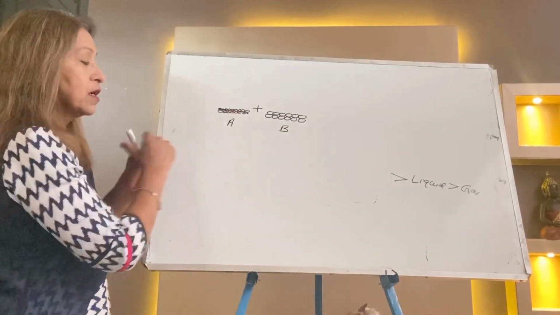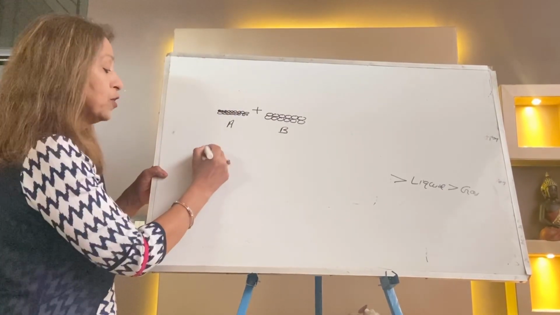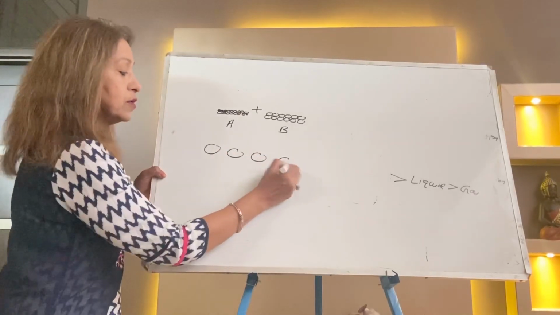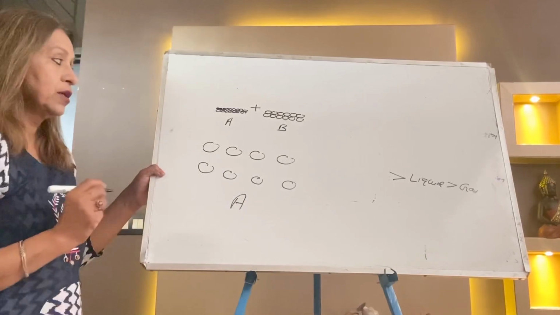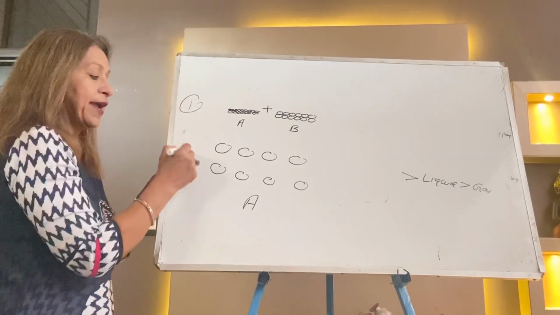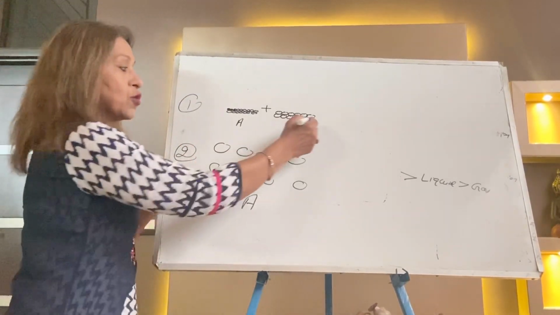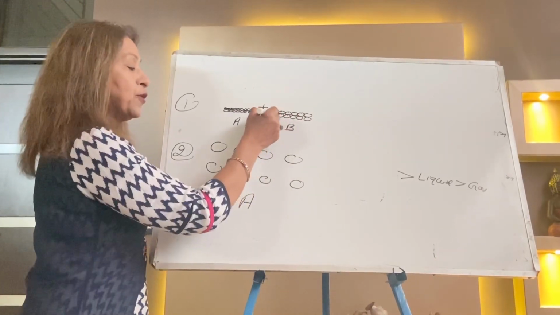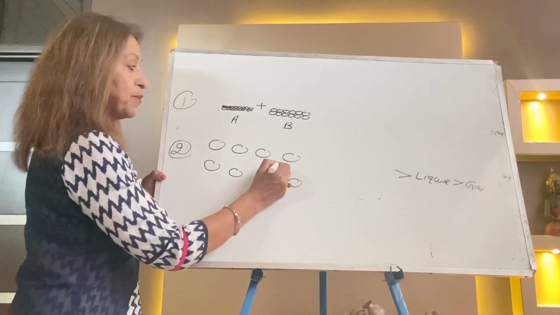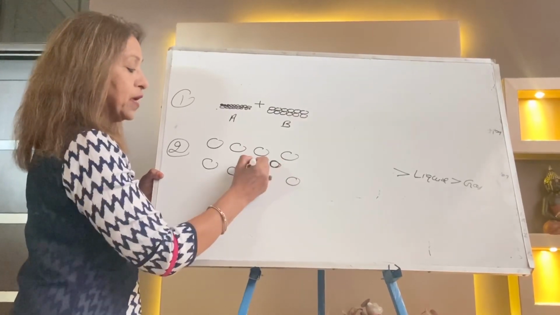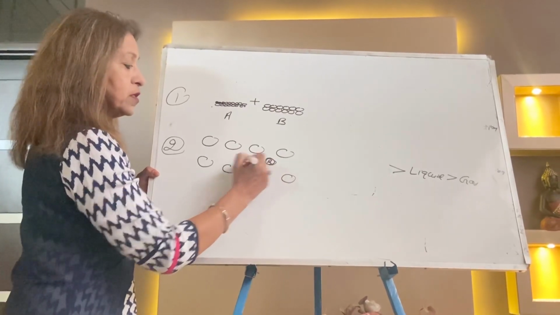But if it is liquid, let A be a liquid. Yesterday we have done A as a liquid. Here A is a solid, here A is a liquid. B is solid. It is very difficult to mix B in this case, but in this case B mixes in. This is a B particle, this is an A particle.